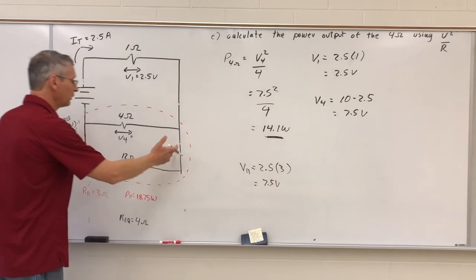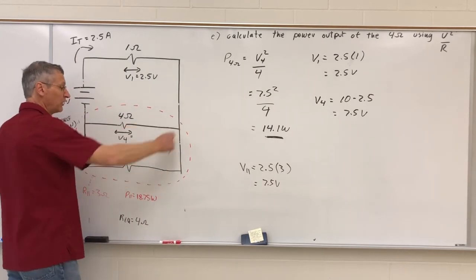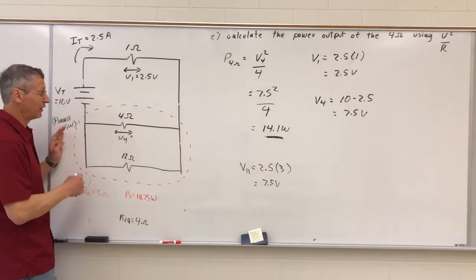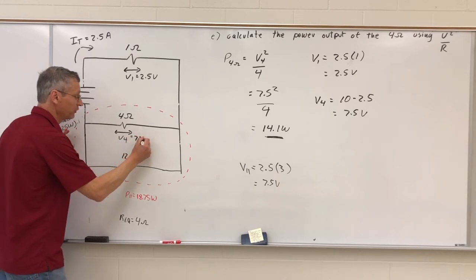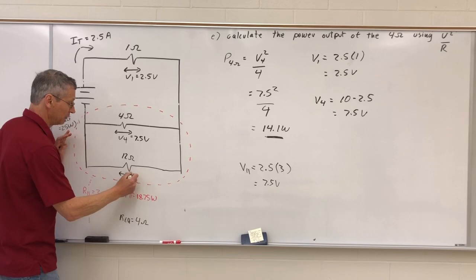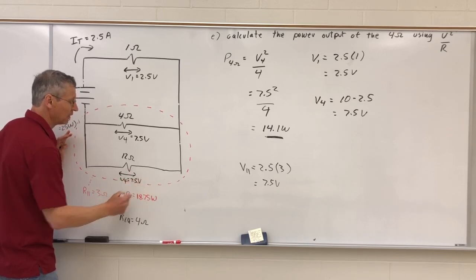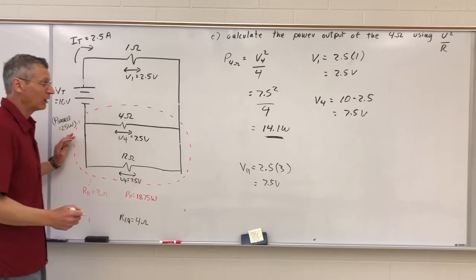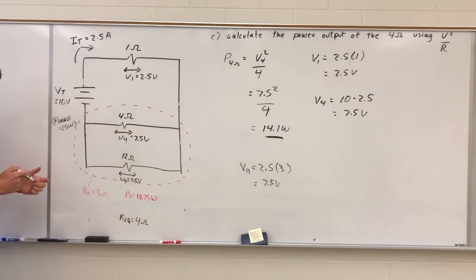As you go from one side to the other, you lose 7.5 volts. You lose 7.5 volts going through the 4 ohmer, and of course, you'd also lose 7.5 volts going through the 12 ohmer. Okay, so just a little extra practice there in applying Ohm's law and solving circuits.